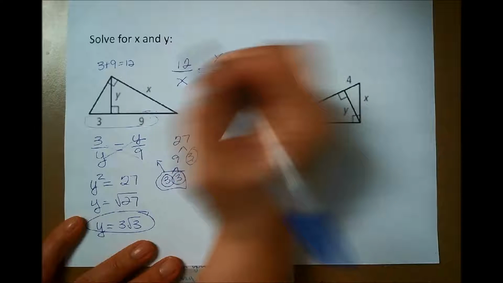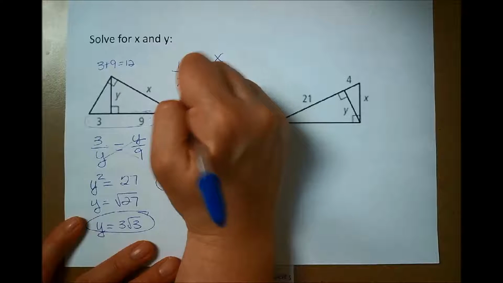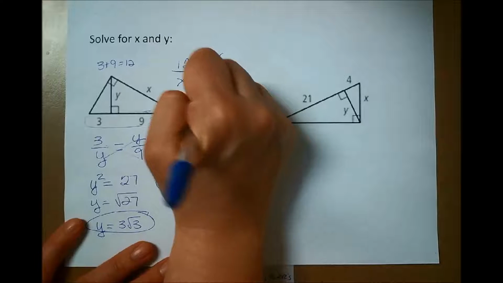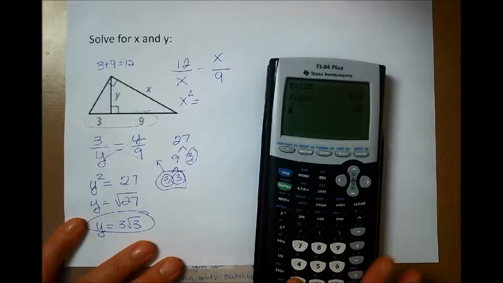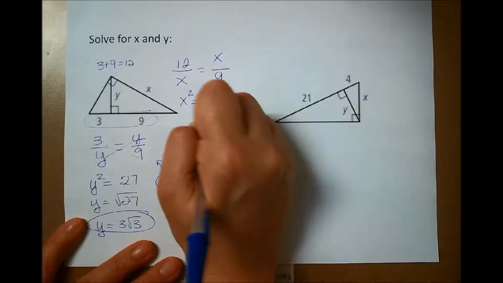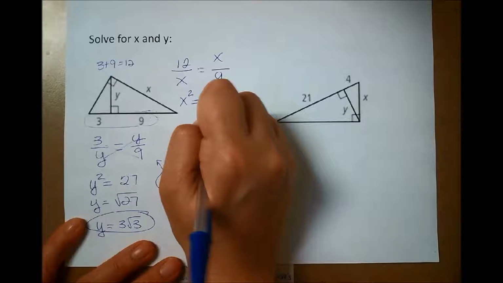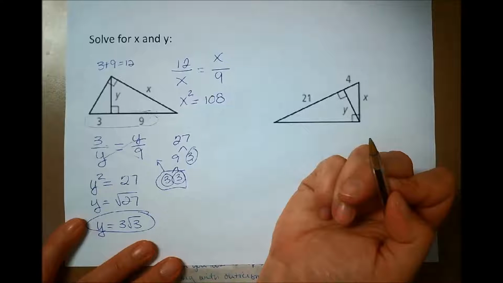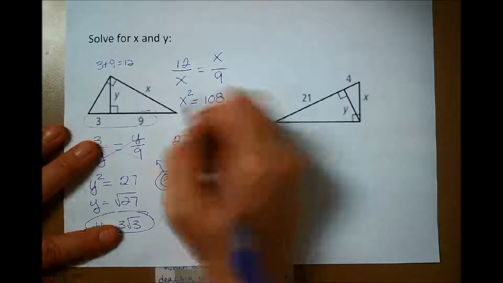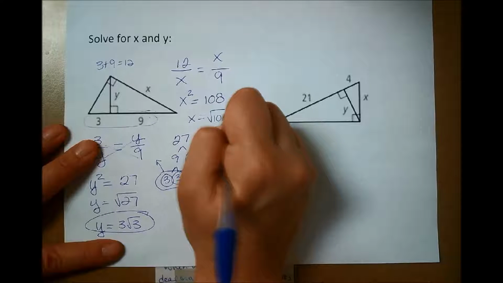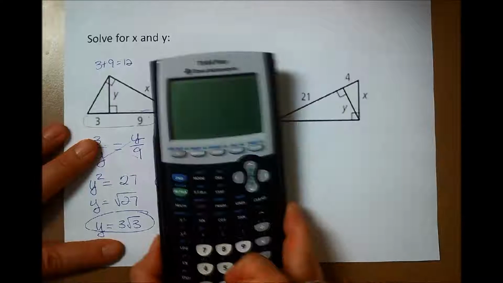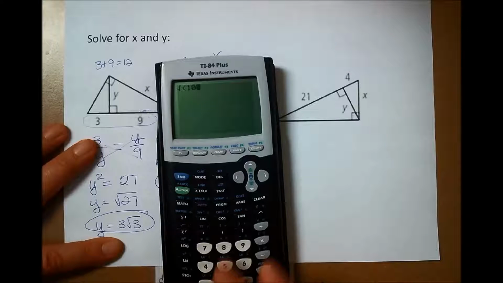And we once again are going to cross multiply. 12 times 9 is 108. Then we're going to have to do another factor tree, because if you plug 108 into the calculator to find the square root, we get messiness.